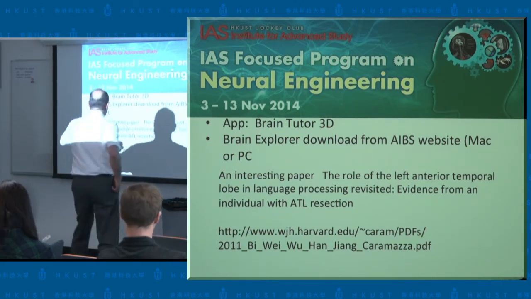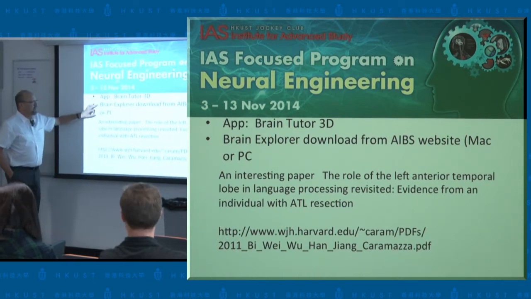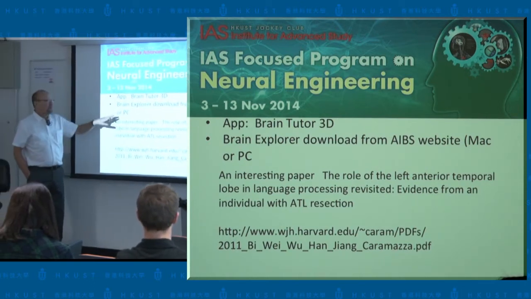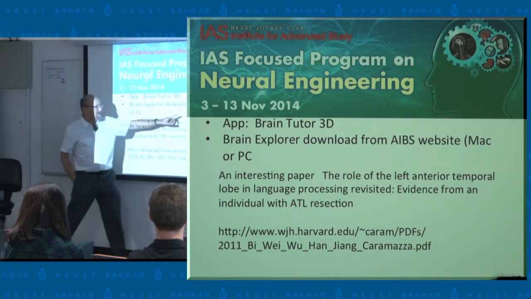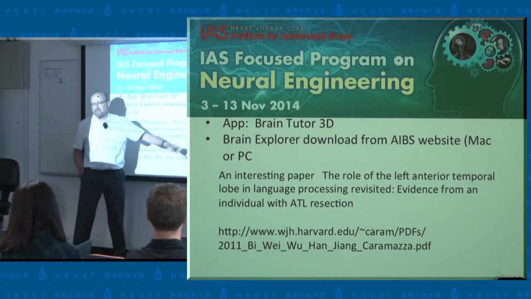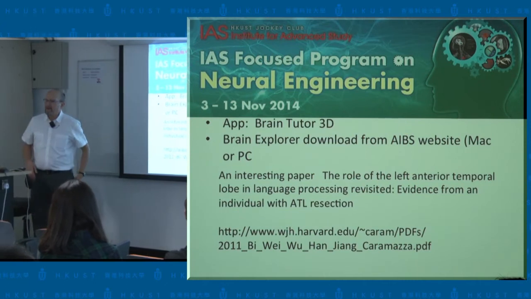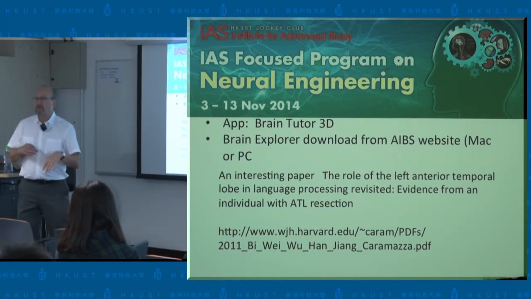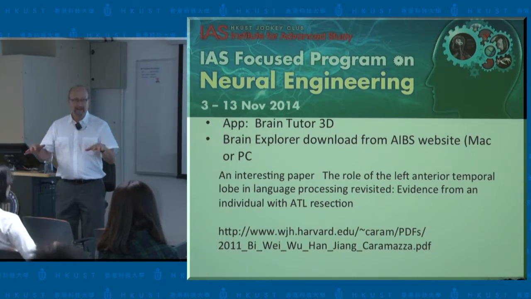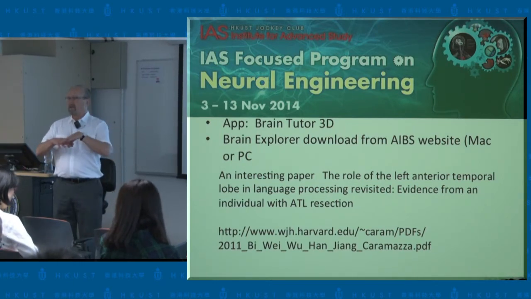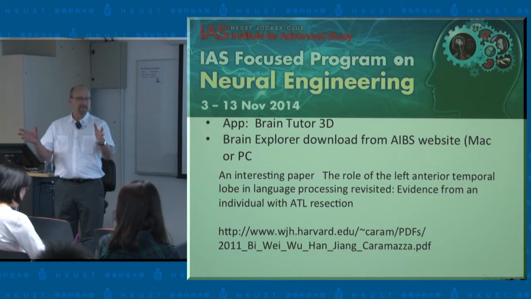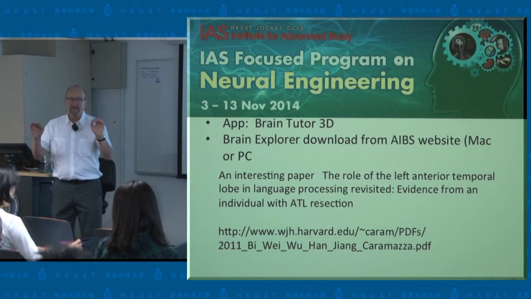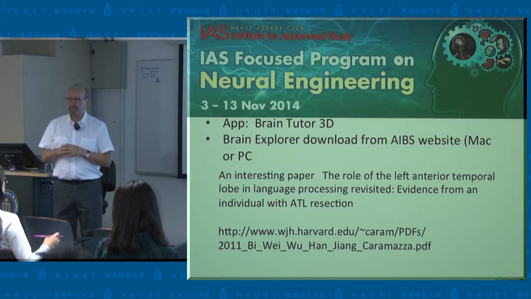The other thing is the Brain Explorer, which is on the website of the Allen Institute of Brain Science, AIBS. And that's much more about cell identity. Those of you interested in drug delivery and neuropharmacology will want to understand that the brain cells themselves are highly regionalized and biochemically highly specialized, okay?